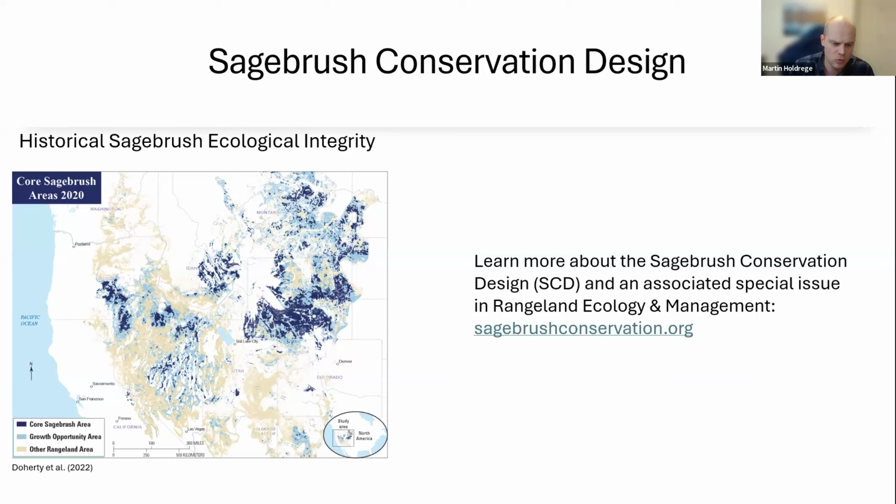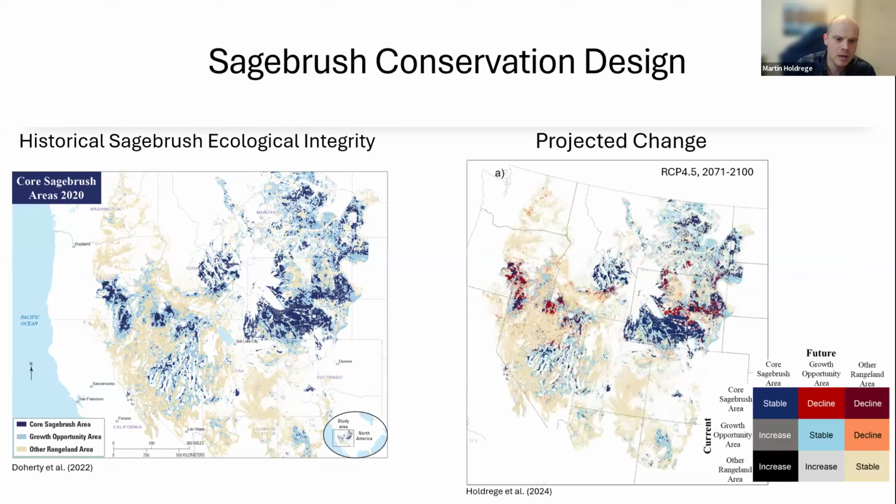And the part that we've been most involved with is trying to understand how sagebrush ecological integrity might change with climate change. Here we're showing projected changes in SEI.